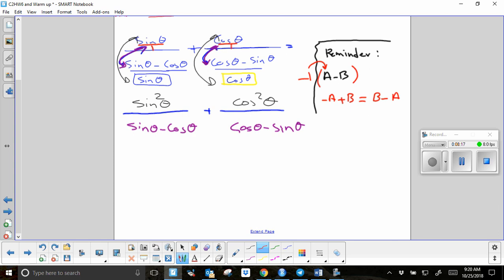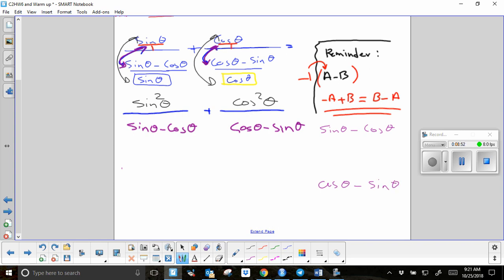So, for A minus B to become B minus A, all you have to do is multiply it by a negative 1. So, the question is this. Now that I have sine of theta minus cosine of theta, what do I need to do to make it cosine of theta minus sine of theta? What do I need to do?